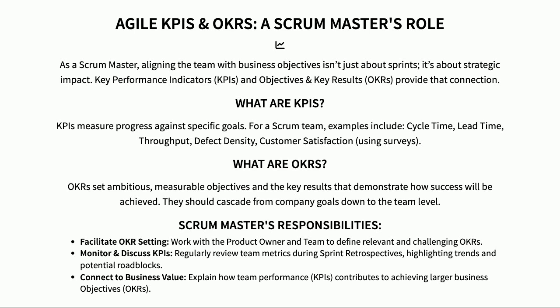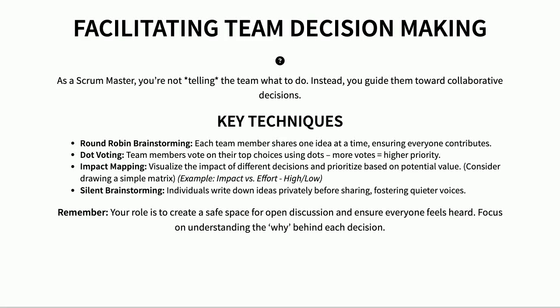Okay, let's talk about how Scrum Masters help teams make decisions. It's not about you directing them, it's about creating an environment where they can work together effectively. There are a few powerful techniques. We use things like round-robin brainstorming to make sure everyone gets a chance to speak up, and dot voting for quick prioritization. Impact mapping is also really helpful.